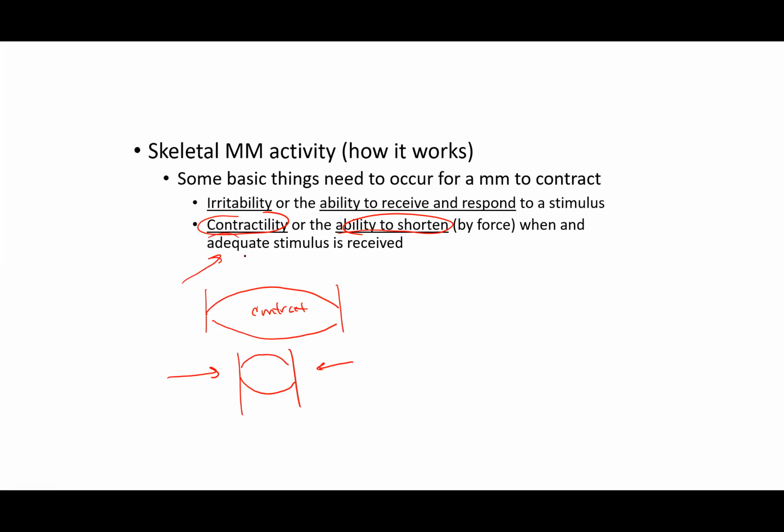That's an important word there, adequate. I don't think a 9-volt battery will start your car. It's not enough electricity. It's not adequate stimulus. So our body does need a certain amount of electricity in order to start contracting muscles.